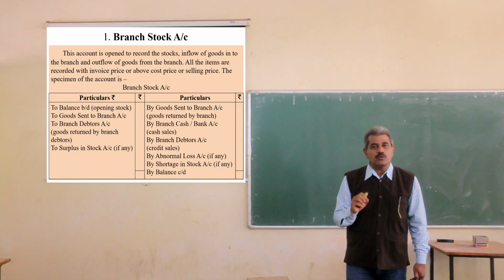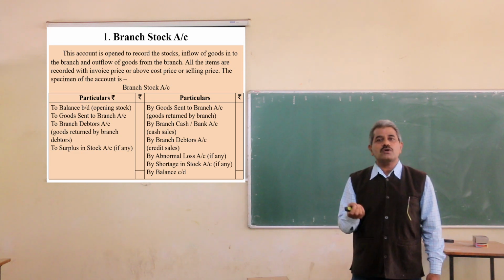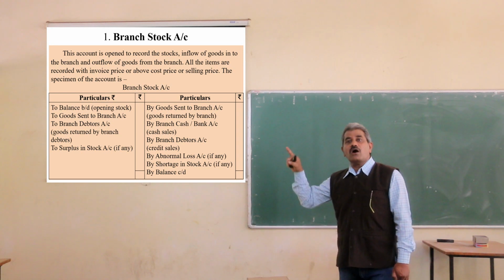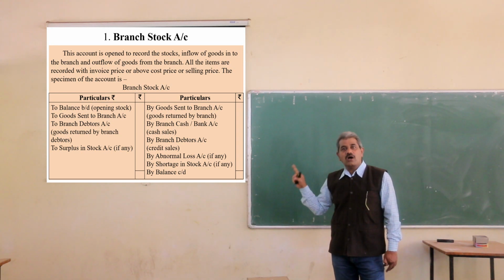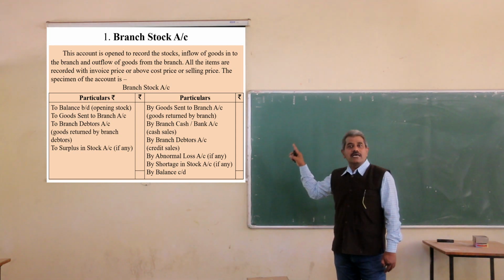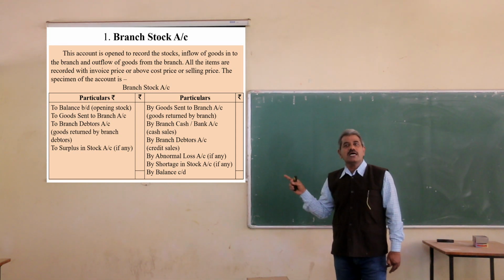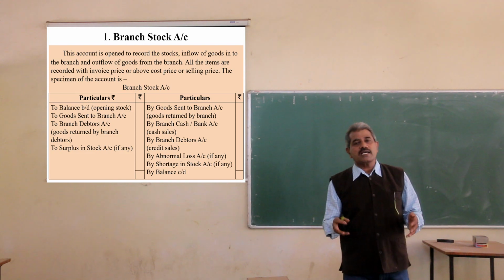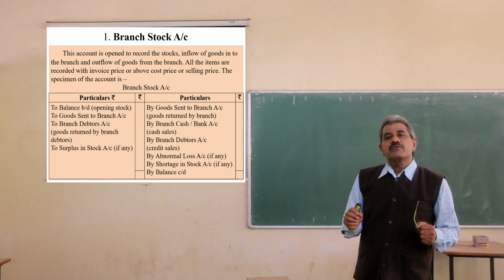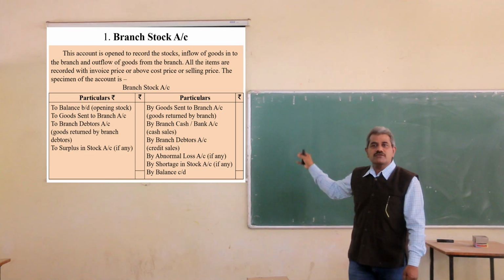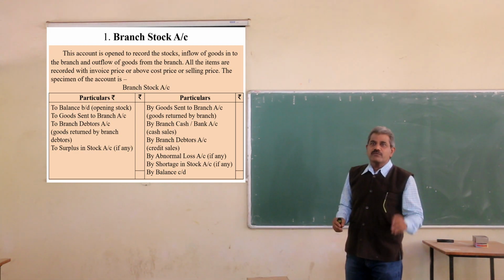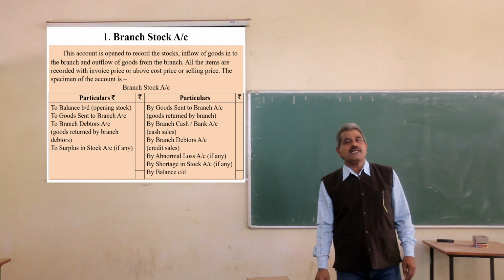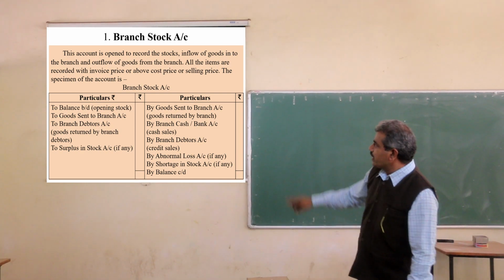If the goods are invoiced at selling price, above cost price, then all entries should be passed with the invoice price. If the goods are sent at cost price, then all postings will be made with the cost price. So see the specimen of the branch stock account.